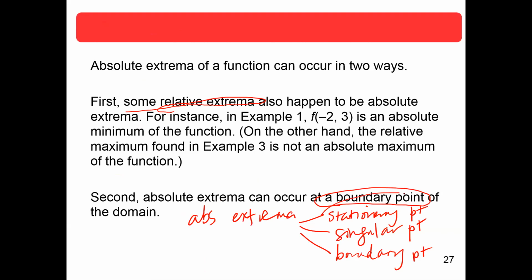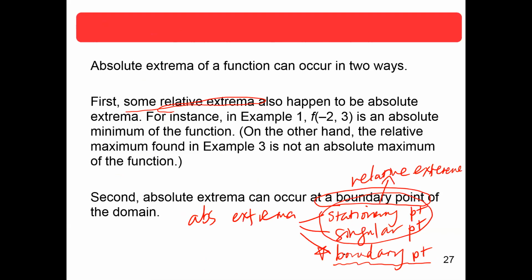And these two, we've looked at them last time, right? These two are for relative extrema. Now, in addition to the relative extrema, which is in a small area, for absolute extrema you should also consider the boundary points. So we are just looking at one more type of points, which is the boundary points.